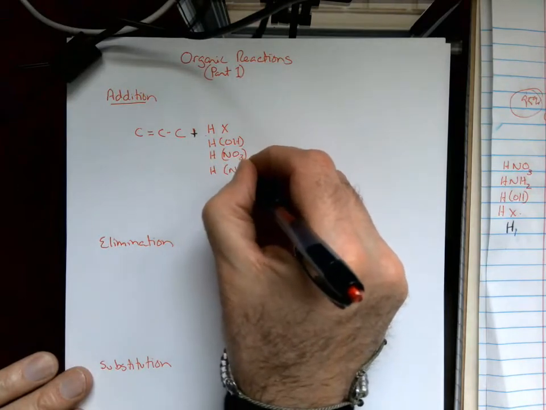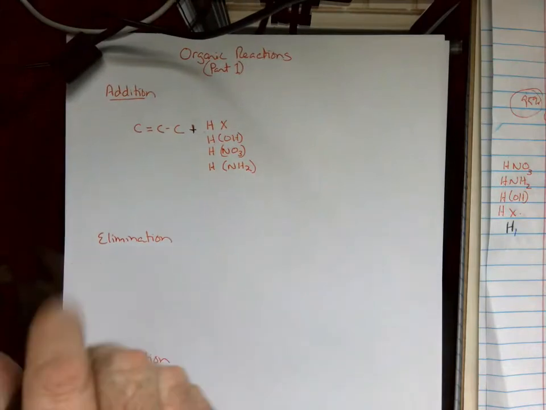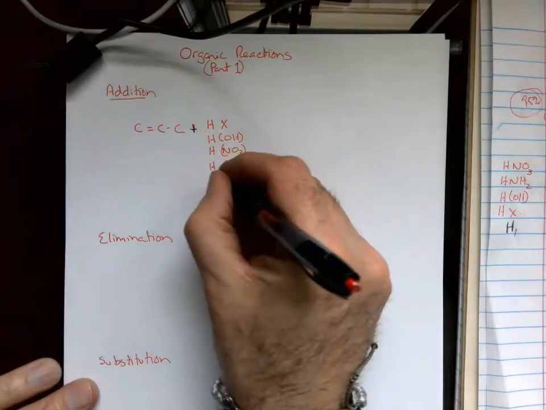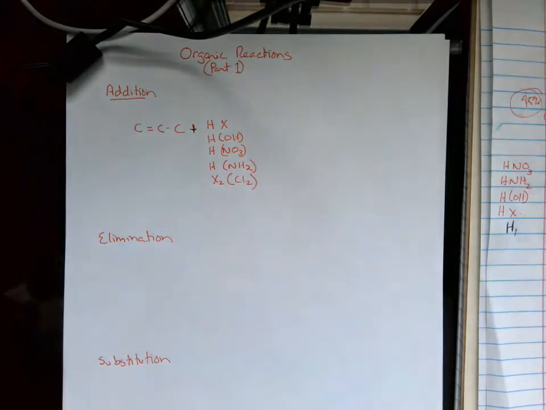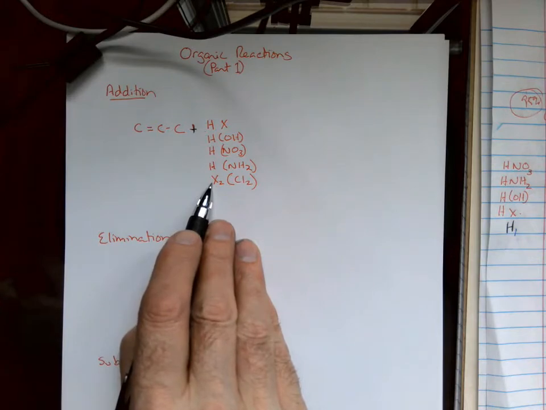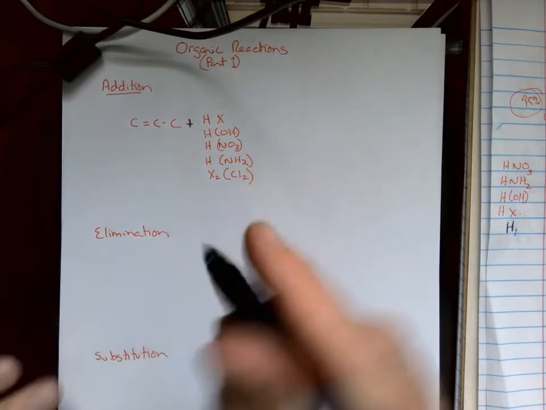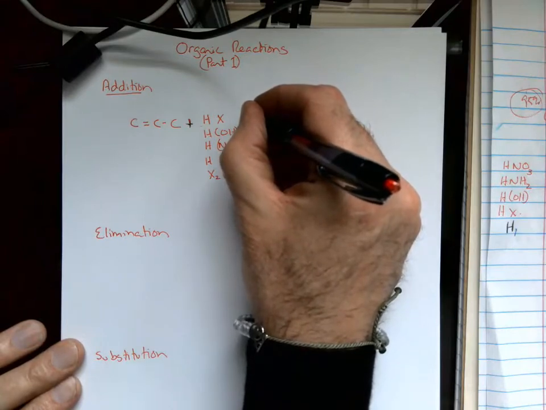And NH2. Now, the other thing you can do is you can add an X2, like Cl2, such as that. So the X is anything in group 7. FCl, BrI.